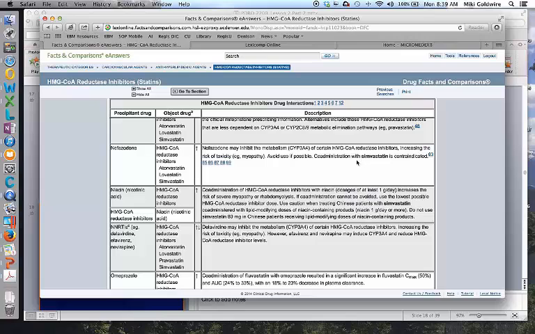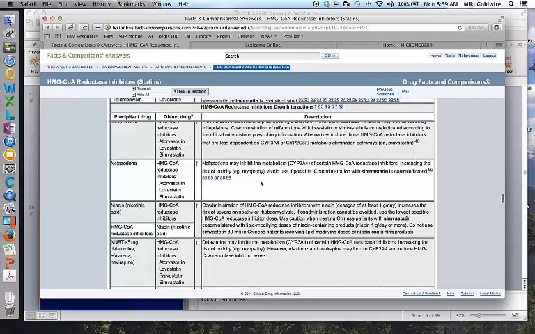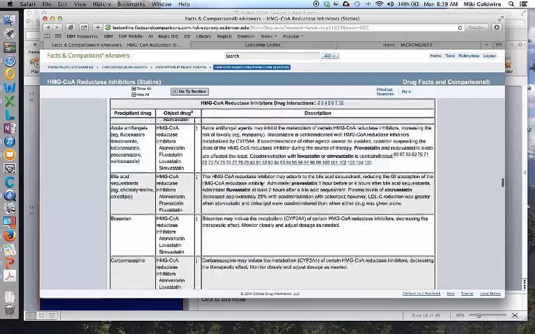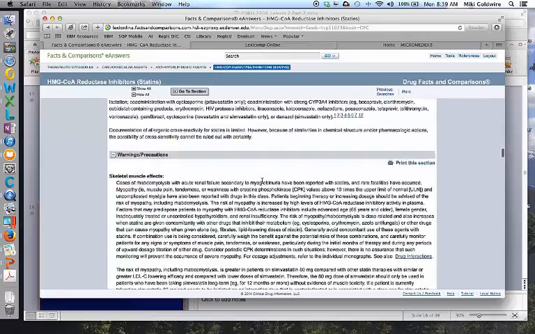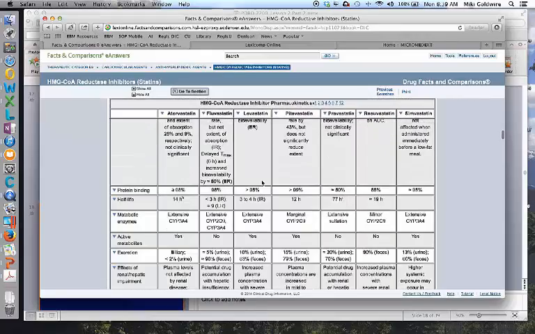Co-administration with simvastatin is contraindicated. So it looks like the three I want to avoid are atorvastatin, lovastatin, and simvastatin. So I could tell the physician that this patient could potentially use pitavastatin, pravastatin, or rosuvastatin.